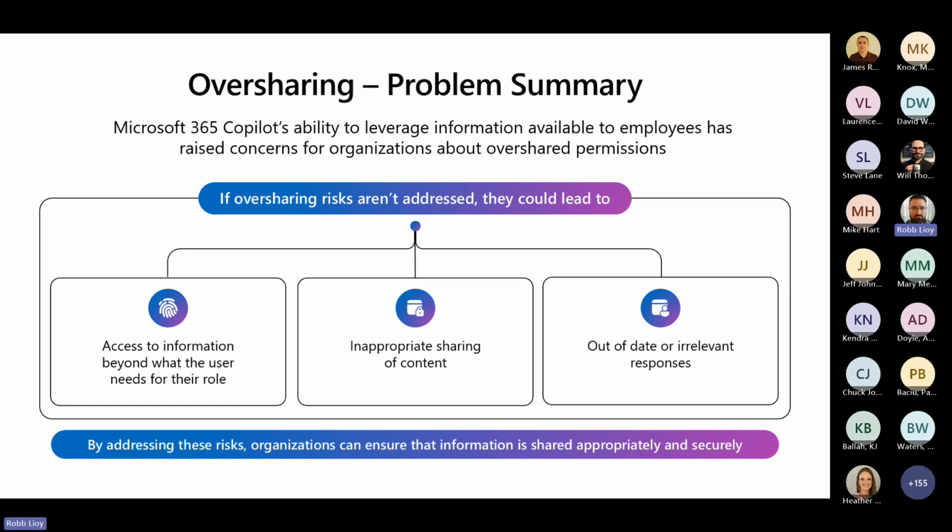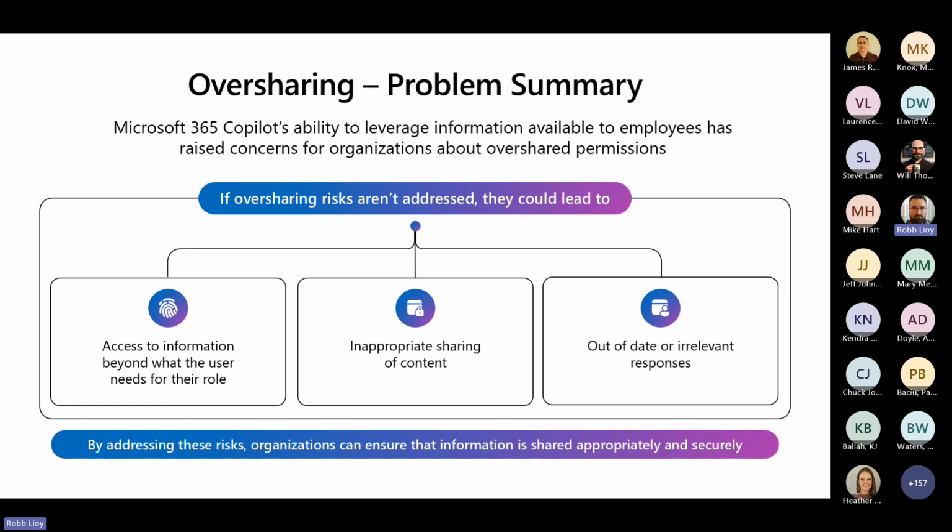So why are we talking about this? With Copilot and SharePoint, oversharing in SharePoint and OneDrive and the Teams SharePoint backend is a problem. With Copilot, organizations are facing new challenges regarding over-permissioned content and data sharing.